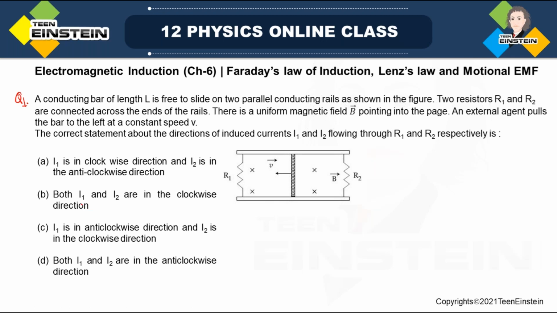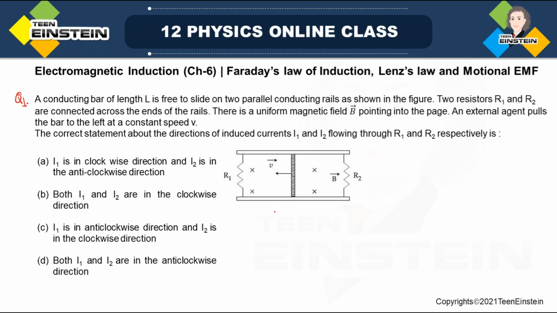Second option says both I1 and I2 are in the clockwise direction. C says I1 is in the anti-clockwise direction and I2 is in the clockwise direction. And option D says both I1 and I2 are in the anti-clockwise direction.